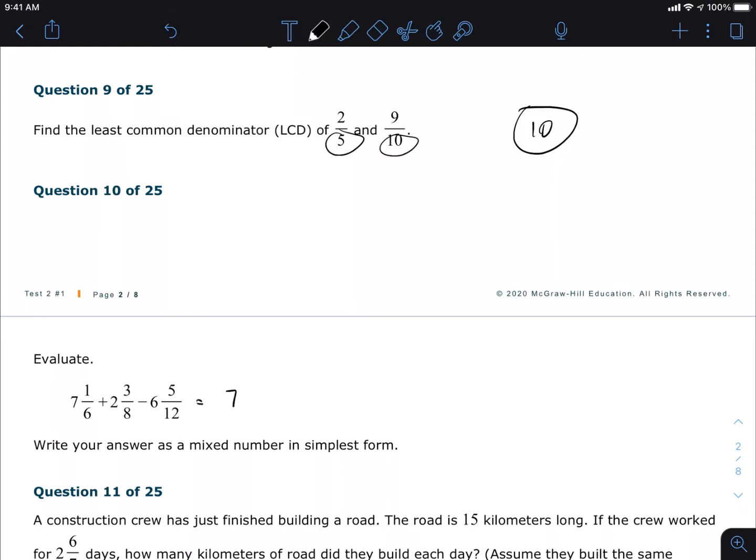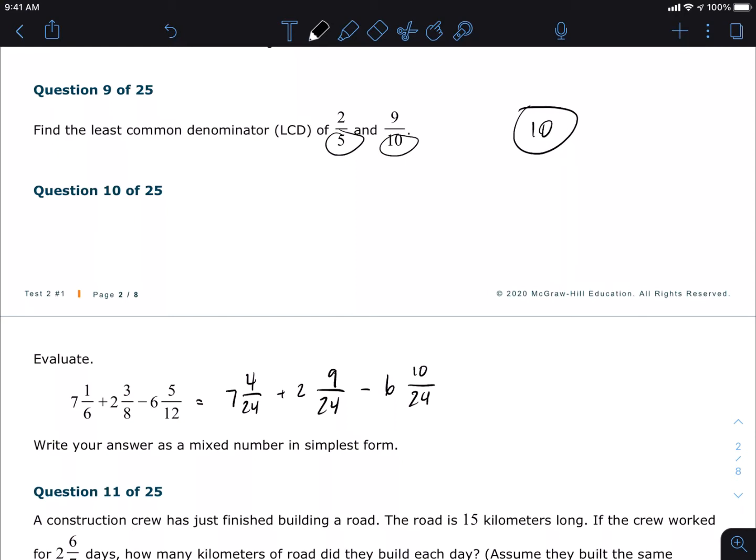So I'll go 7, that's going to be 2/12 plus 2, 12ths, what am I doing? 24 is the number. So I multiply by 4, so that's got to be 4. 2, and that's going to be a 24, so I multiplied by 3, so that becomes a 9. Minus 6. This one's multiplied by 2, so that becomes a 10.